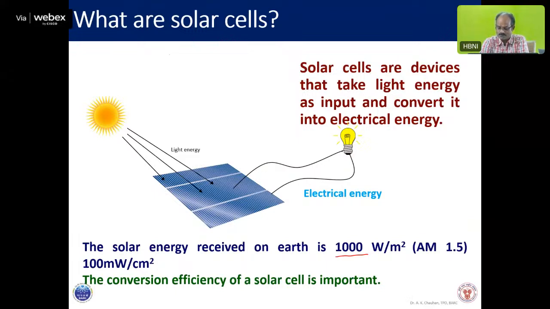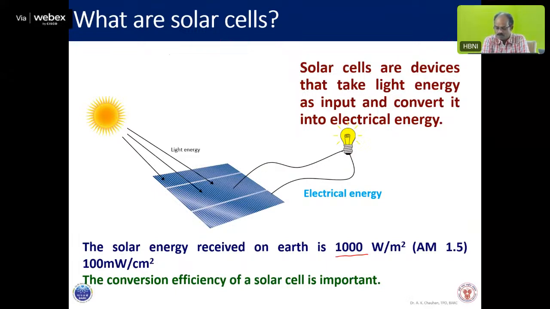So you can illuminate 20 bulbs out of the energy sent by the sun in 1 meter by 1 meter square area only, provided you convert it completely into electrical energy. That is the reason why the conversion efficiency of a solar cell is very important. However, it is never 100%.